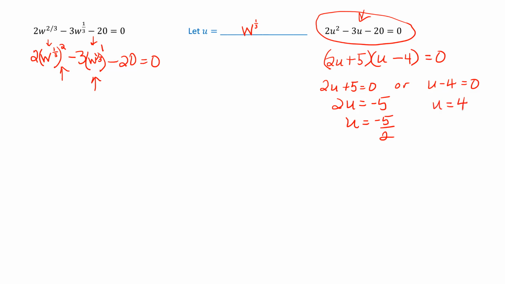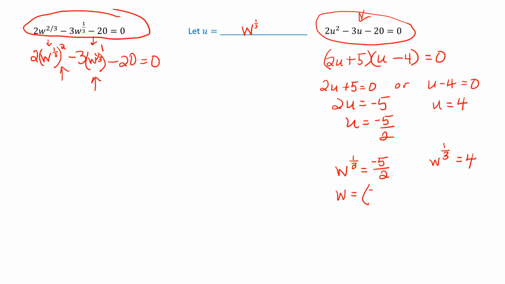So I have u. I don't really want u. I want to know what w is. But I know u is w to the 1/3. So w to the 1/3 is equal to -5/2, and w to the 1/3 is equal to 4. We don't want w to the 1/3. We want w. We want to know what the solution to this equation is, which is w. So let's cube both sides of this equation, and you're going to have w equals -5/2 cubed.